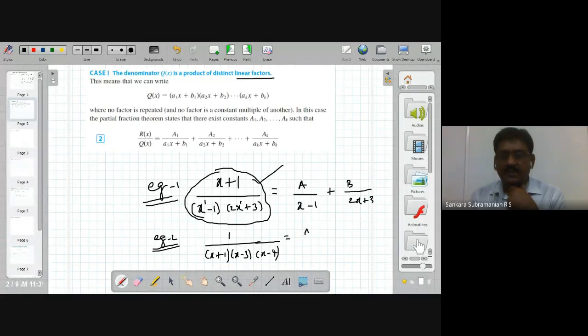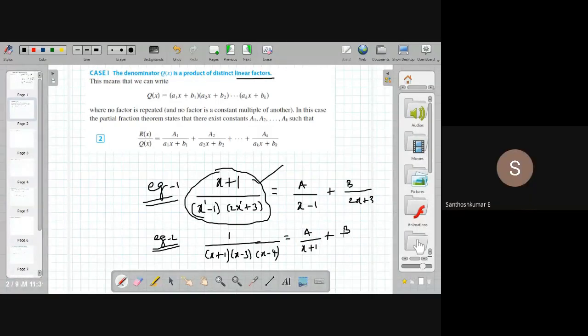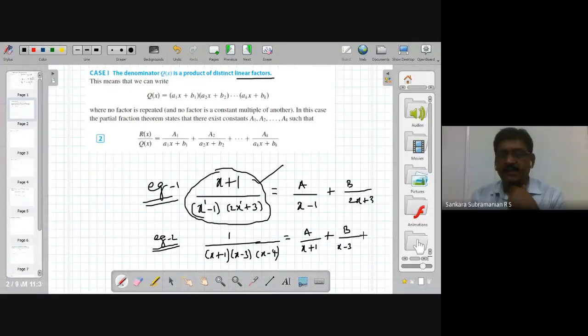This is equal to a by x plus 1 plus b by x minus 3 plus c by x minus 4. These are linear factors which are not repeated. No factor is repeated in case number 1. If it is like this, write it like this.